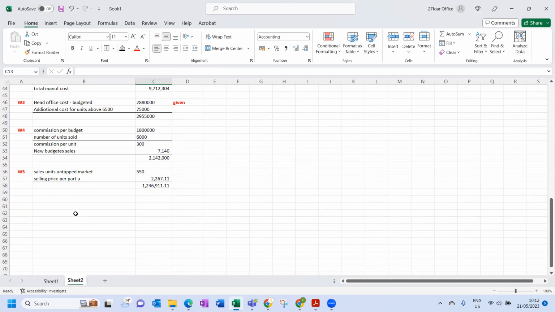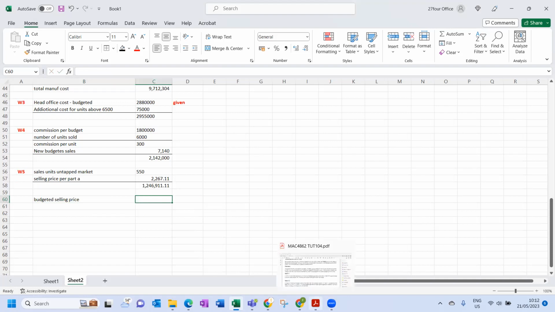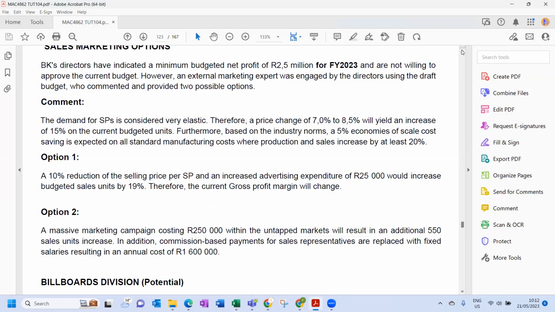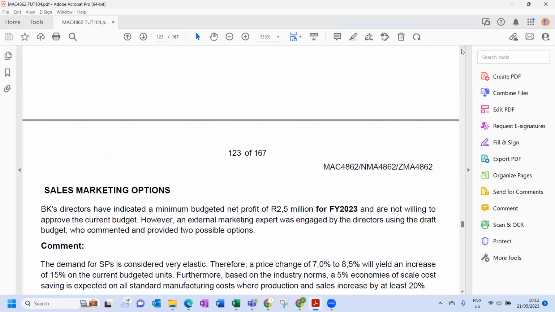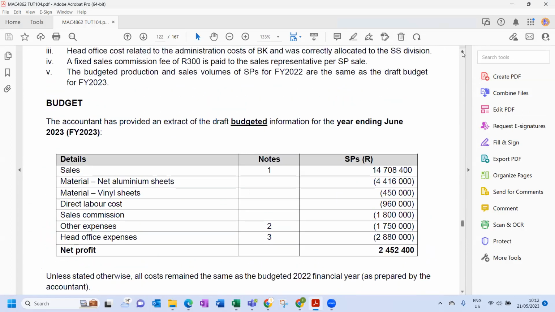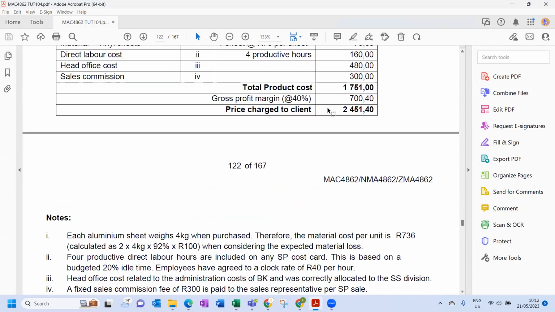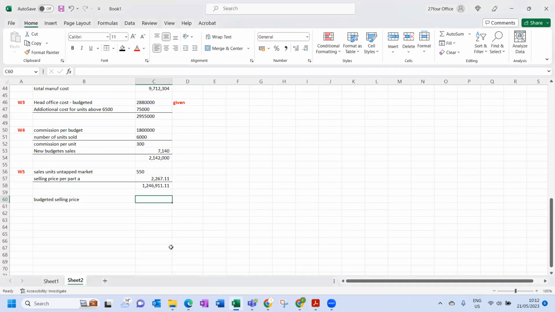Remember our budgeted selling price is what the accountant has, which is this 2451.40, which we calculated.